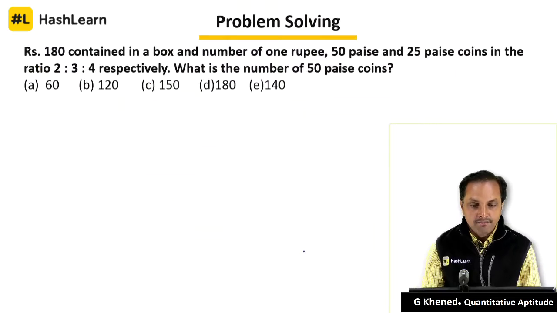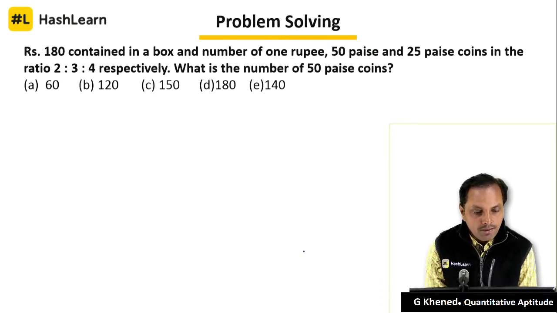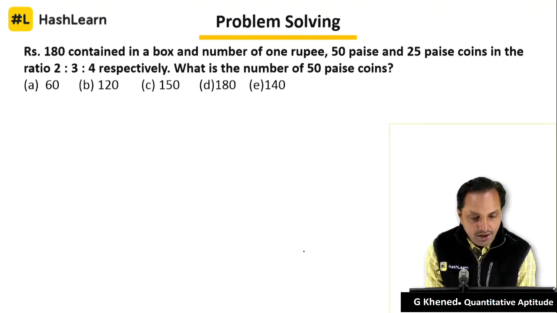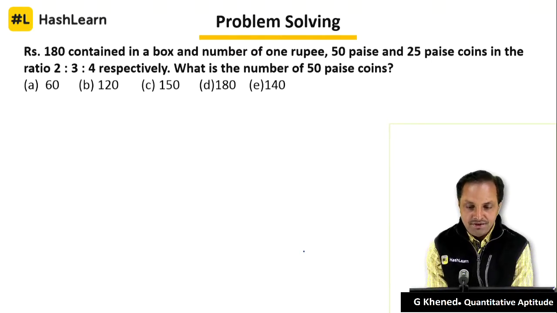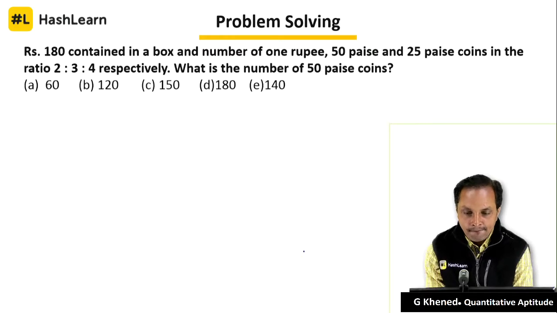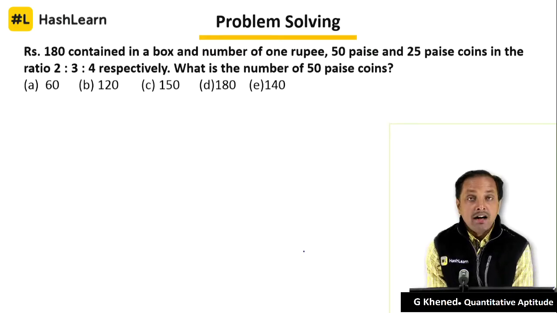Let us come to the next problem. 180 rupees is contained in a box. The numbers of 1 rupee coins, 50 paise coins and 25 paise coins are in the ratio 2:3:4 respectively.